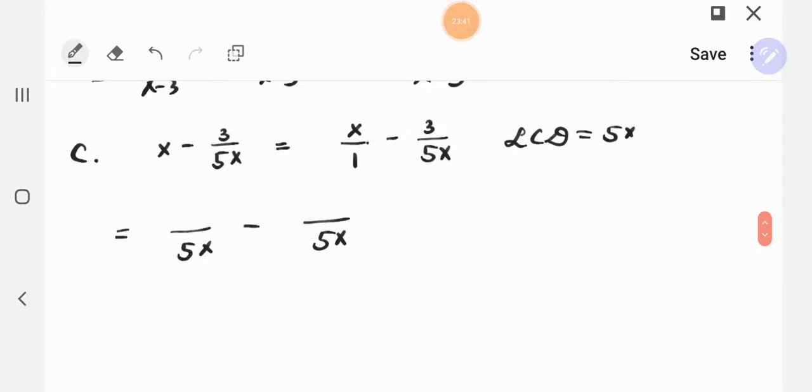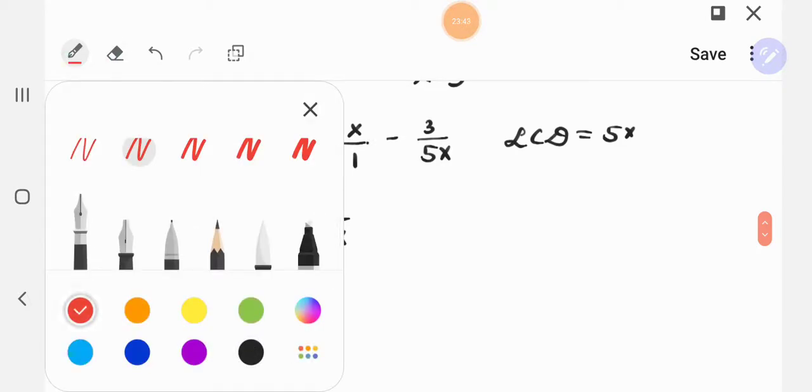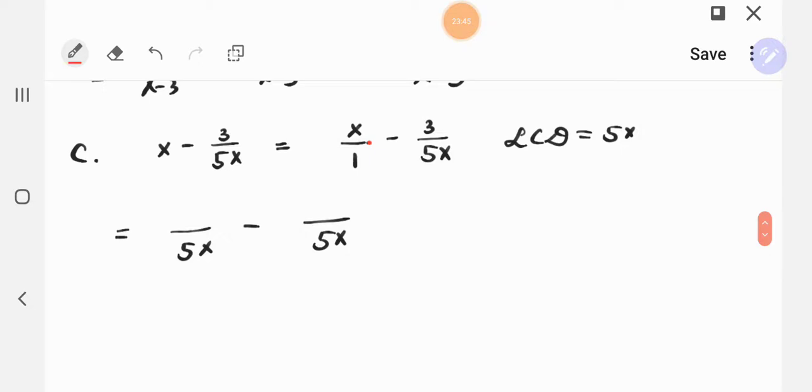Then let's find the factor so that the denominator becomes 5x. So from this, we have to multiply the denominator by 5x, so multiply the numerator by 5x too, and that will be 5x squared. We have a 5x already, so the numerator is just 3.